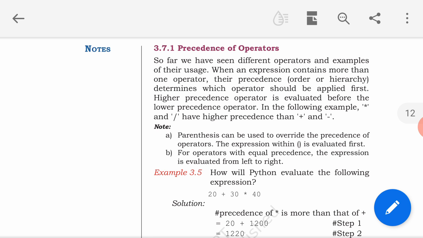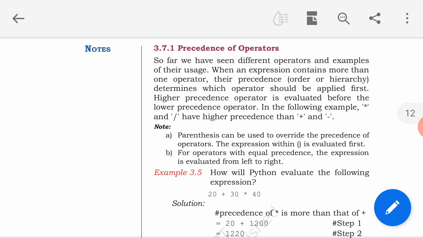After that, plus and minus have the same precedence level. So in decreasing order of precedence, arithmetic operators are parentheses, followed by exponentiation, then negation, then division, floor division, multiplication and modulus, then addition and subtraction.